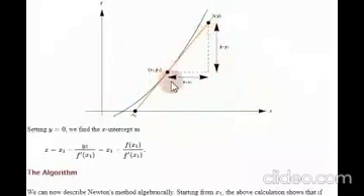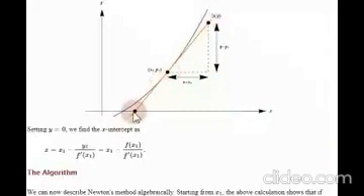Let's look at the algorithm. If you know function f, then you can find the derivative of f because f is differentiable. So you can find the derivative of f at this point, which means you know the slope at this point.